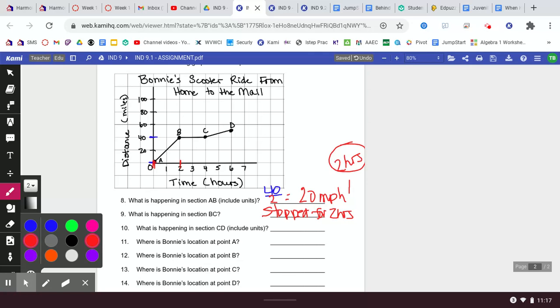Okay. What is happening in section CD, Taylor? Say it louder. Okay. But when we describe it, we describe distance over time. So how much distance did she cover from C to D?